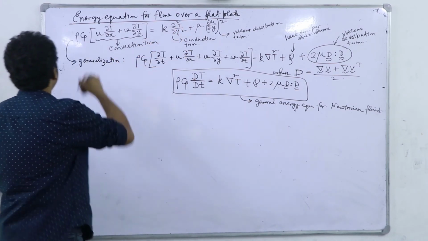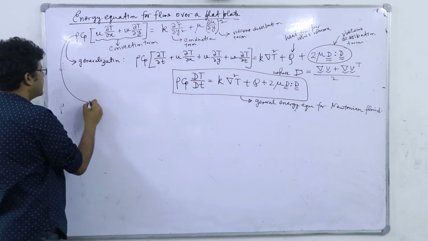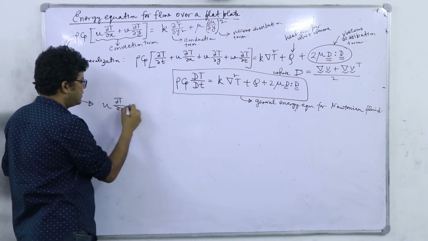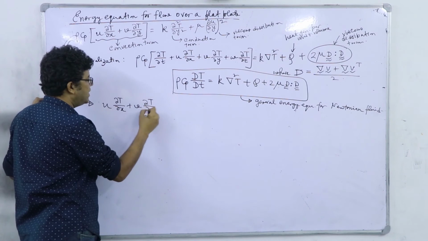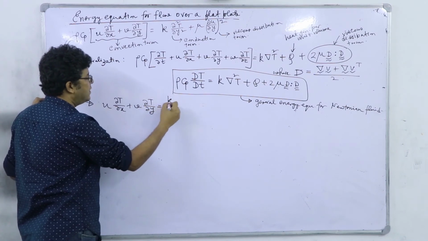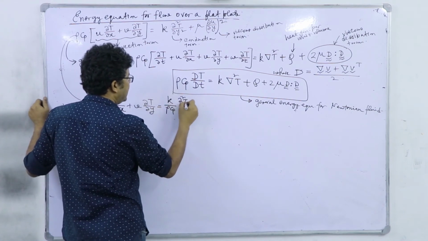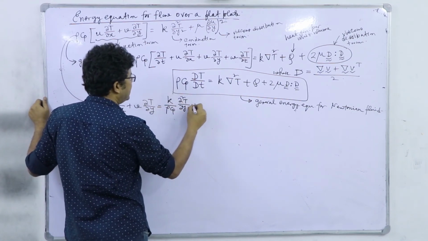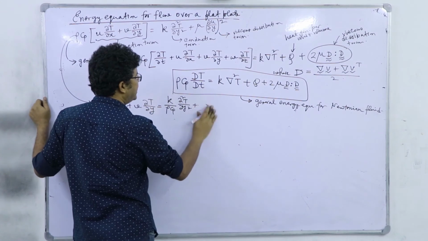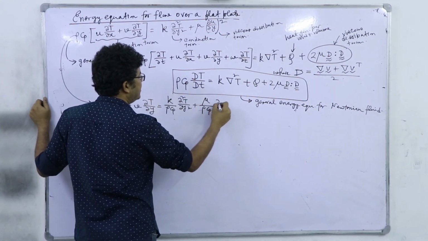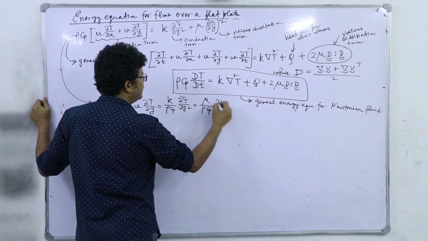You see, we can write u del T del x plus v del T del y is equal to k divided by rho Cp into del square T del y square plus mu divided by rho Cp into del u del y whole square.